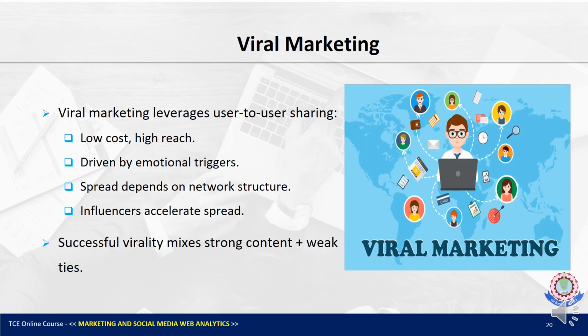Viral marketing. Viral marketing leverages user to user sharing. The factors that drive viral content include emotional triggers, identity expression, shareability, network structures, and influencer involvement. Weak ties accelerate the viral curve.